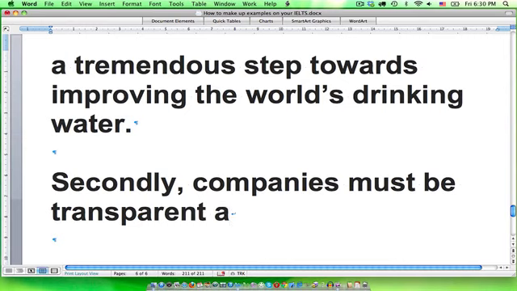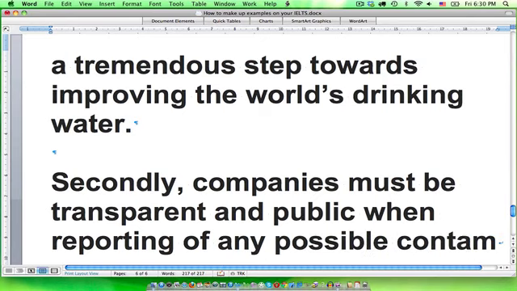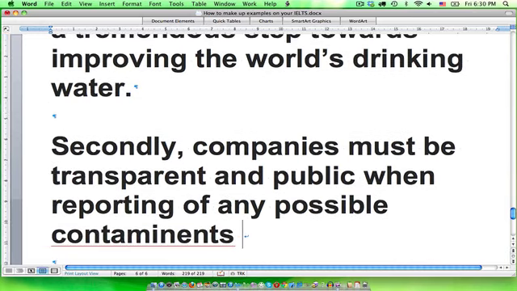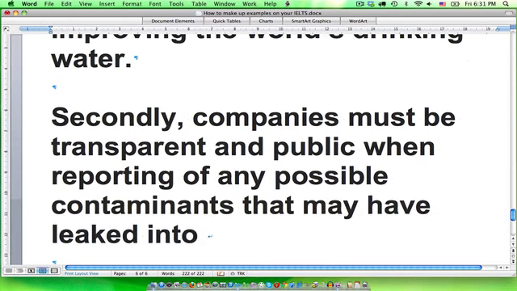And perhaps declaring to the world, so in public, when reporting of any possible contaminants, how do I spell this, that have leaked, we could say, or not for sure, that may have leaked into a water supply, let's say.